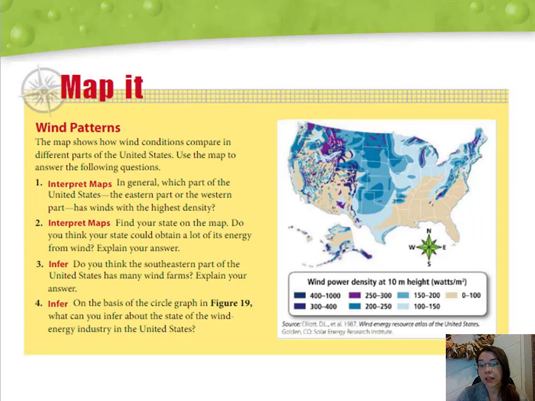It's all covered in that beige color. So I wouldn't expect to see a bunch of wind farms, which means a high concentration of wind turbines. Number 4, on the basis of the circle graph in figure 19, what can you infer about the state of the wind energy industry in the United States?